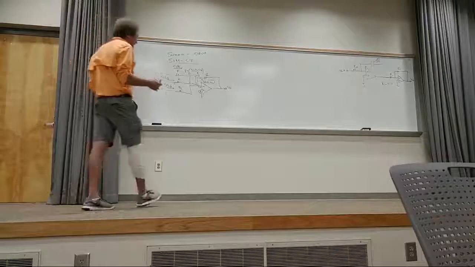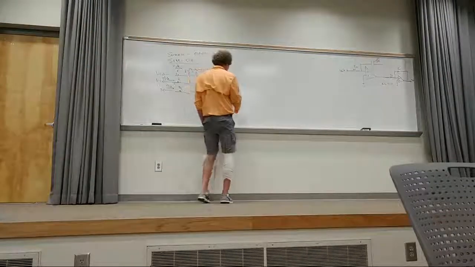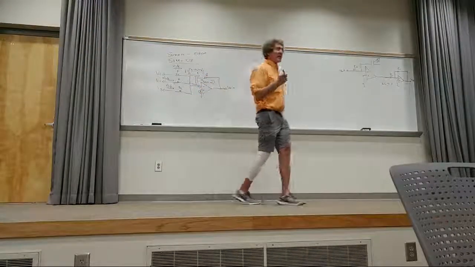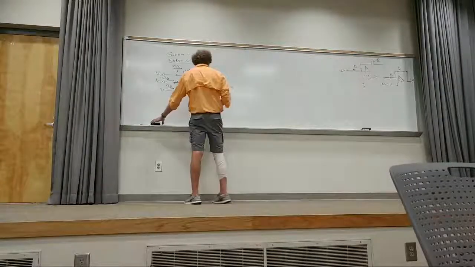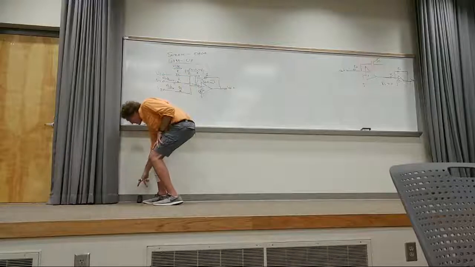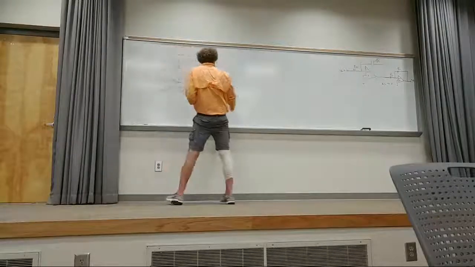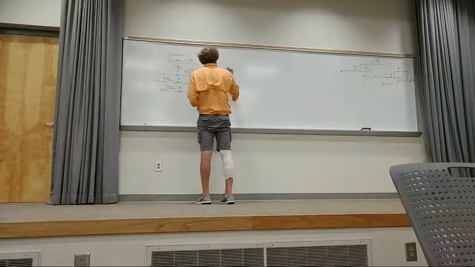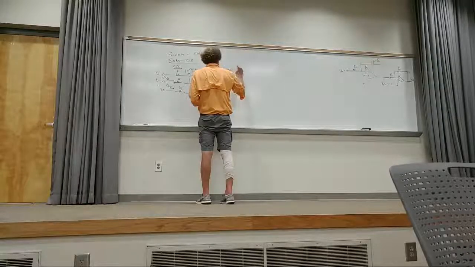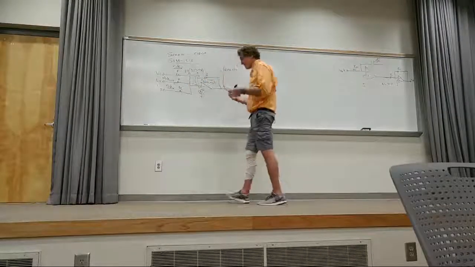Now, the output voltage is actually what, though? The negative of that, right? So the output voltage is the negative of that. So what are we going to do? This output voltage is just minus the quantity V1 plus V2 plus V3. What are we going to do?